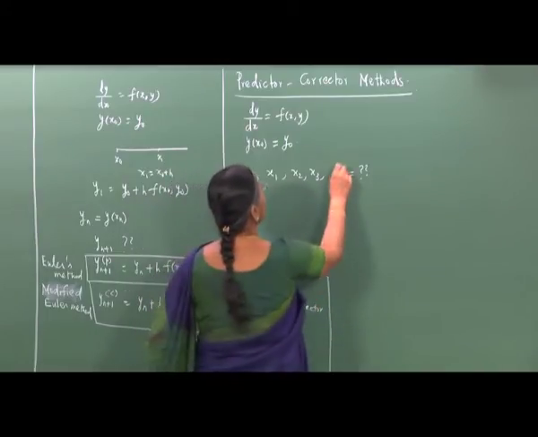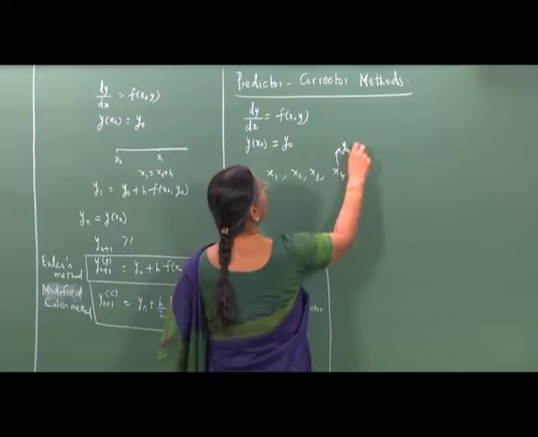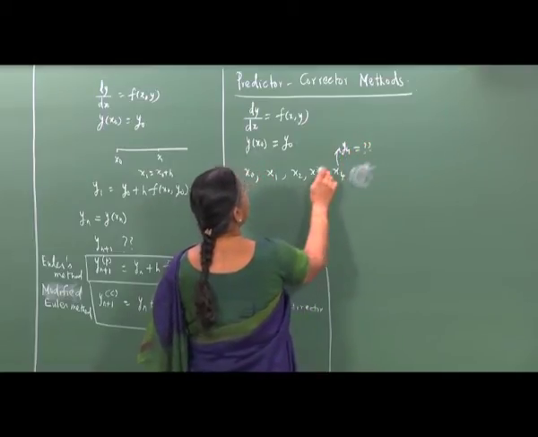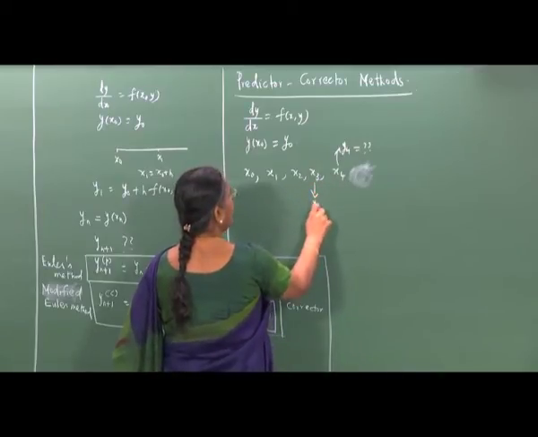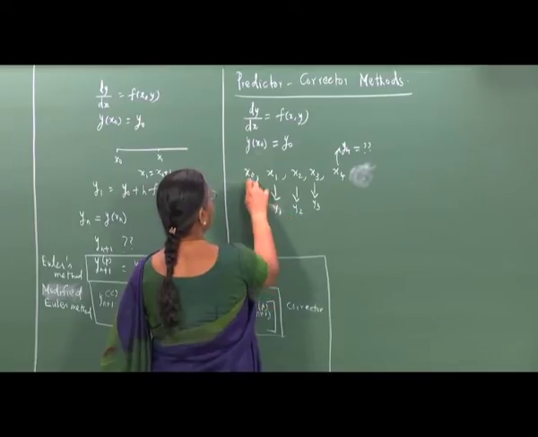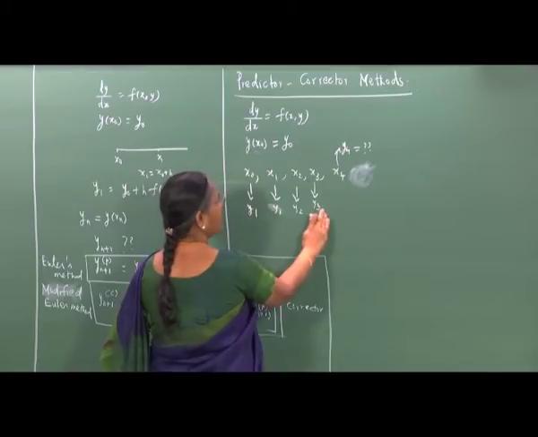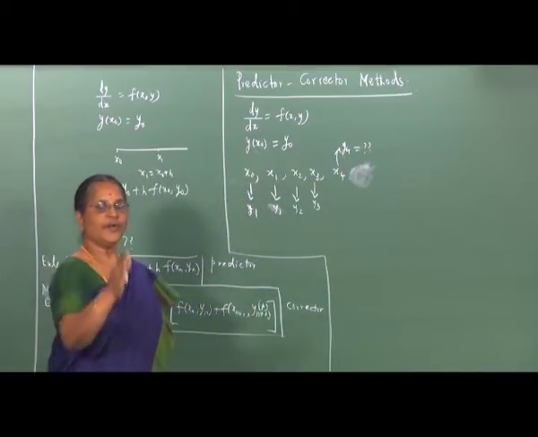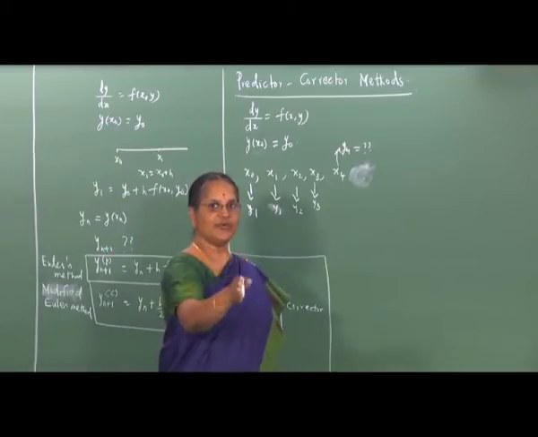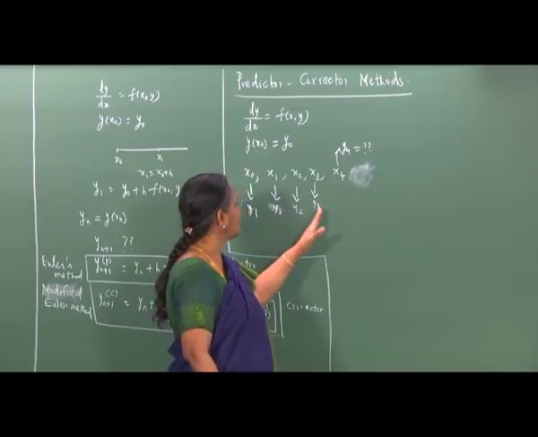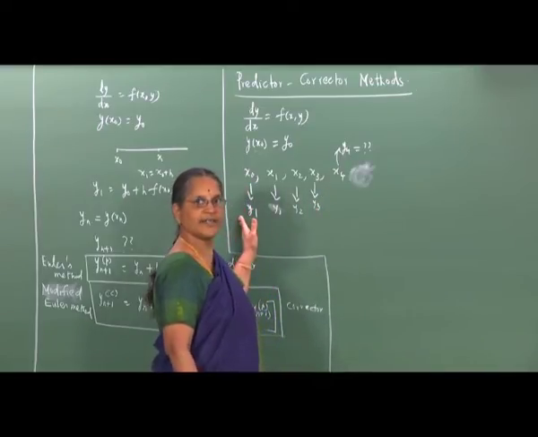The solution at x4 is y4, and that is what is needed by us. So, the solutions at x3, x2, x1 and x0 are given to us. With this information, we should find out what y4 is. So, the computation of the solution at y4 involves the knowledge of the solution at the previous points.